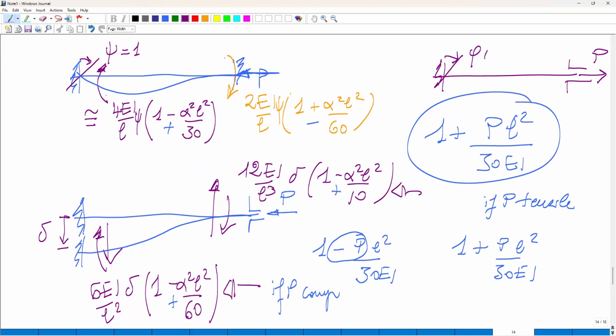What does this mean? You have a good approximation of the real correction functions when you have this movement here. This corresponds to a sway of your column. You have a not so good approximation when you have no sway movement.